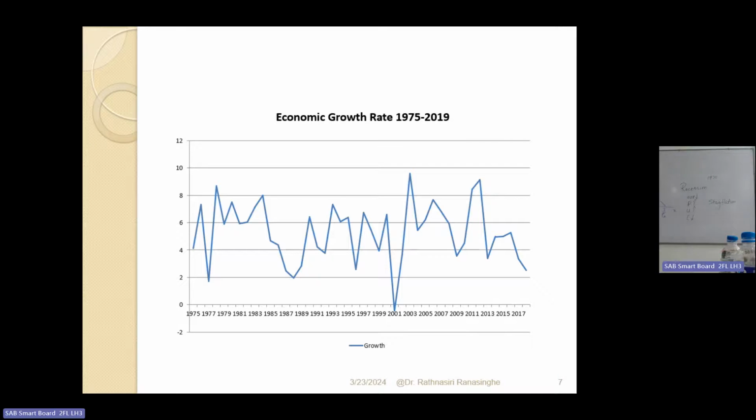So that's why the political uncertainty is there. Because of that, political instability, the growth rate was affected.